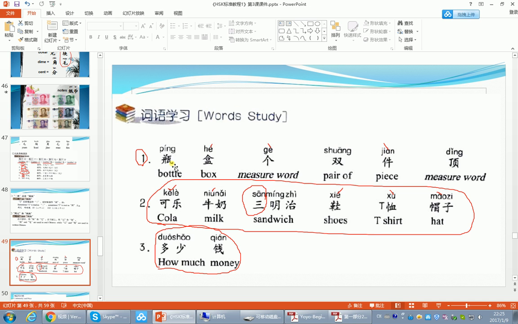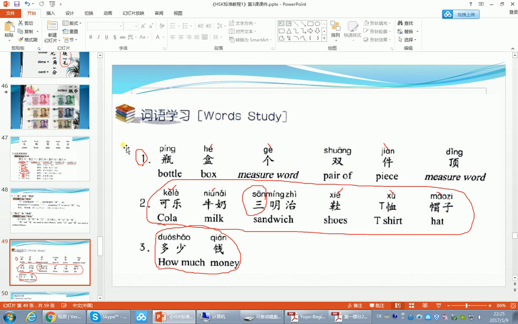The first one is 瓶, bottle; 盒, box; 个, the most widely used measure word; 双, pair of; 件, piece; 顶, another measure word. 可乐, cola; 牛奶, milk; 三明治, sandwich; 鞋, shoes; T恤, t-shirt; 帽子, hat.